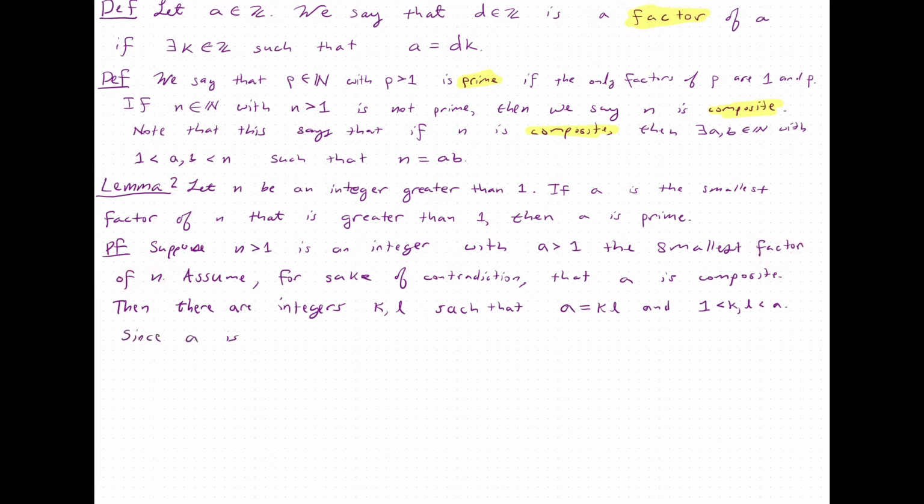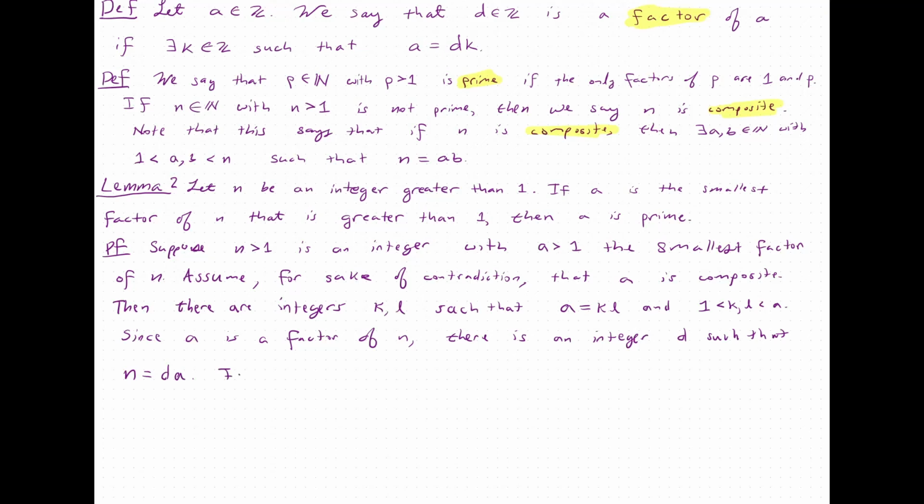Since a is a factor of n, there is an integer d such that n is equal to d times a.